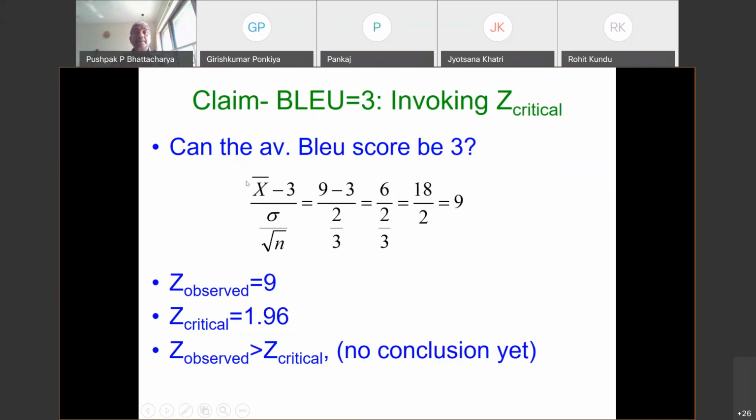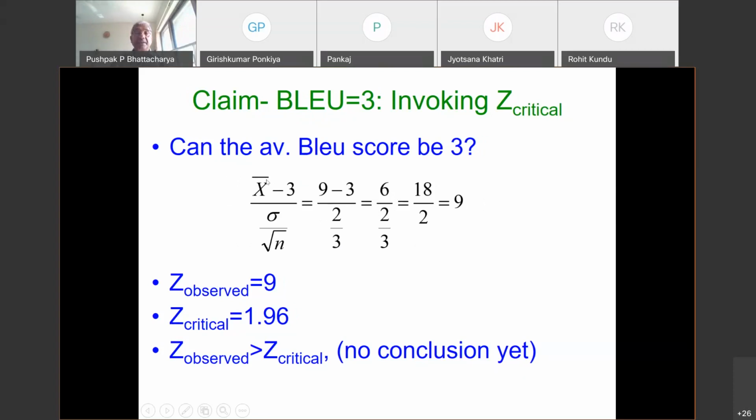Now, I have another claim. Blue score is 3. Suppose the competitor of the company comes and says, "Don't buy Bhashantar. Buy from me," because Bhashantar's blue score is 3. Okay, blue score is 3. What do I do with this value? I again compare with Z critical.